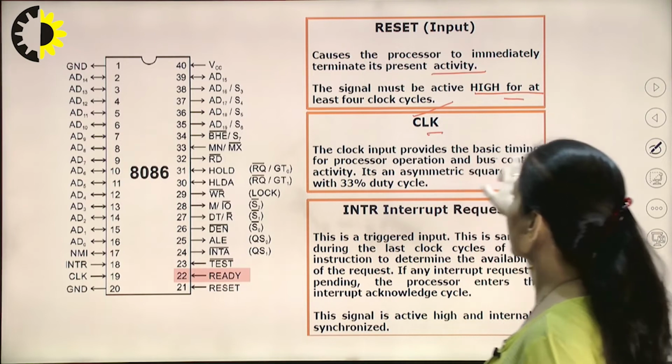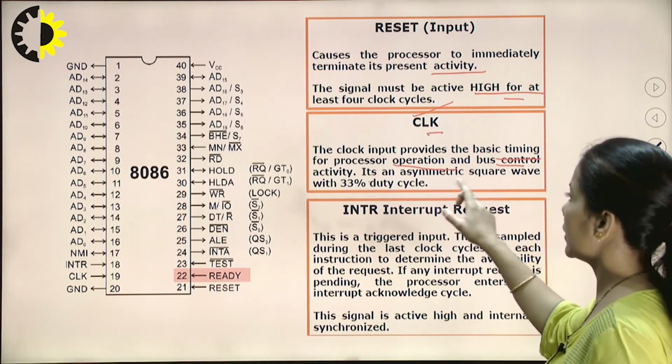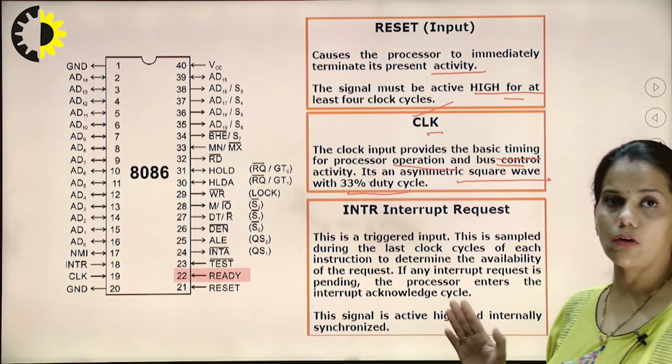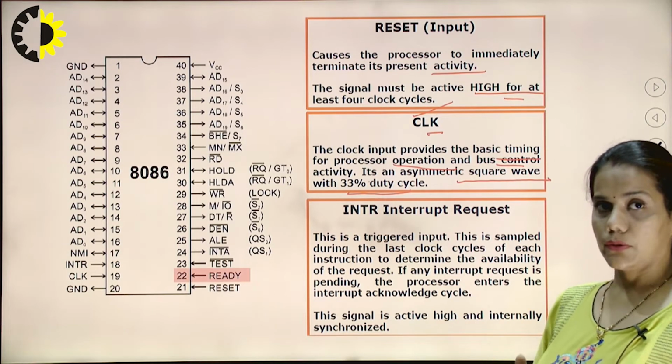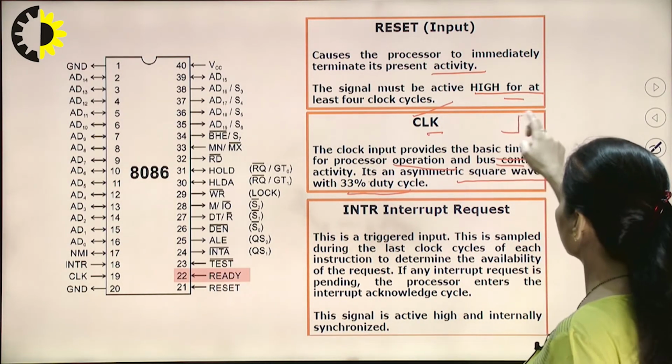Clock input provides the basic timing for processor operation and bus control activity. It's an asymmetric square wave. Asymmetric because the duty cycle of the clock used in 8086 is 33%. So it looks like this.